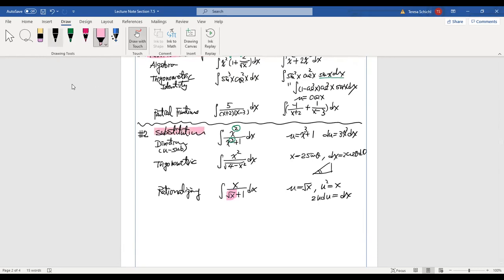Then the last thing, if none of these strategies work, well, not the last thing. Another strategy is what we call integration by parts. So for example, here we have x cubed times the natural log of x dx.